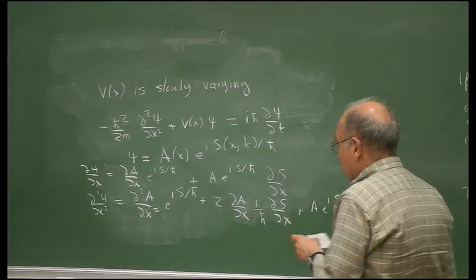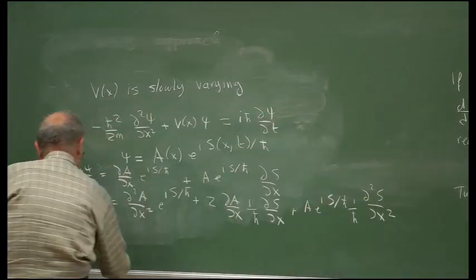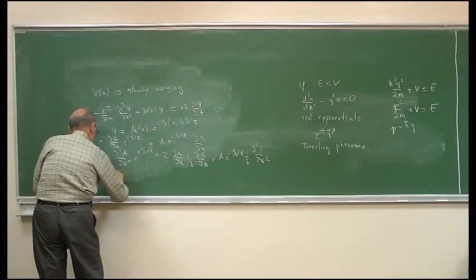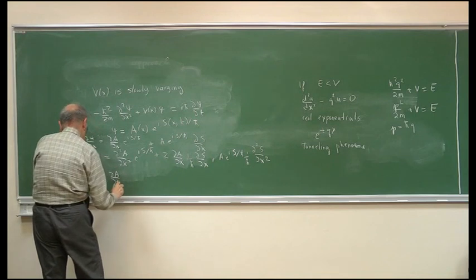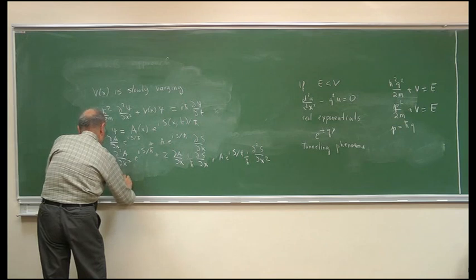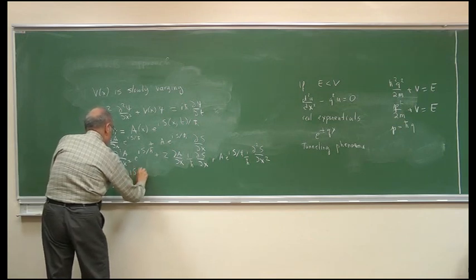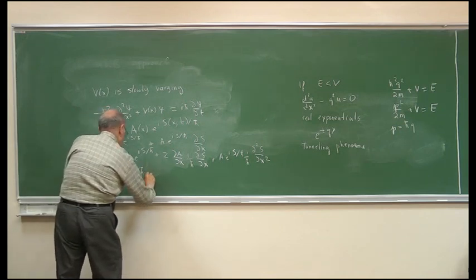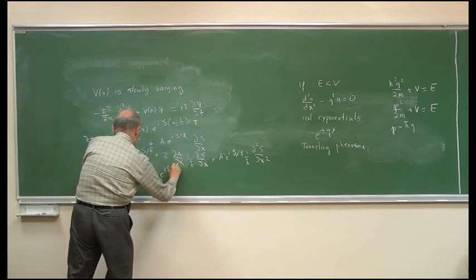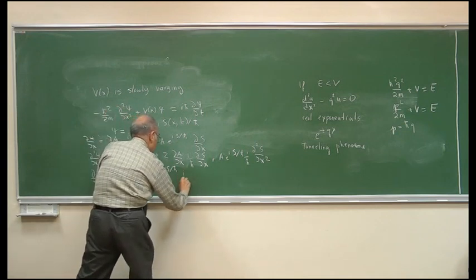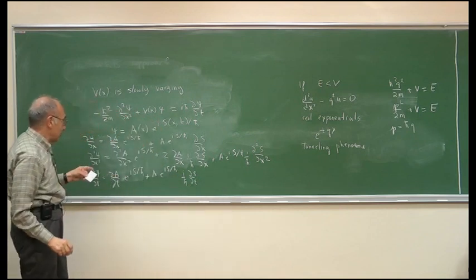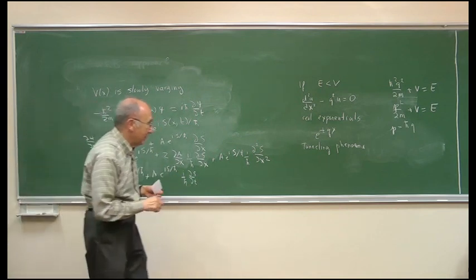Okay, and then I'll need dψ by dt. dA by dt e to the i S over h-bar plus A e to the i S over h-bar times i over h-bar dS by dt. So this is just a simple process of taking derivatives.